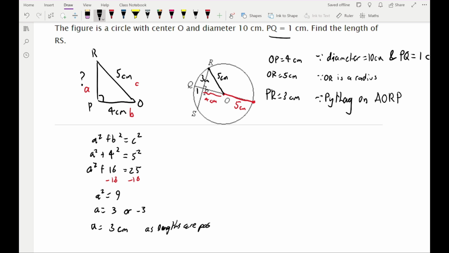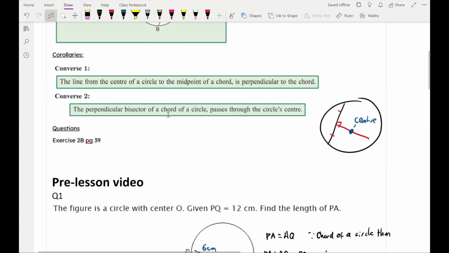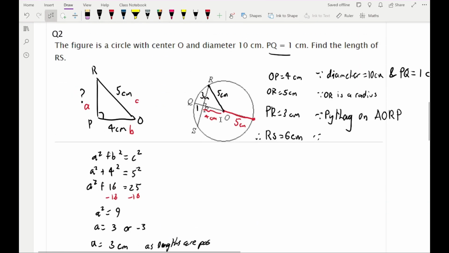And then, therefore, RS equals 6 centimeters. And this is because of the theorem that we've been looking at here, the chord of a circle theorem. Great. So the whole length is 6, and we are done because that's what the question asked for.